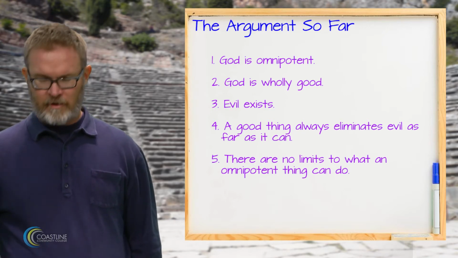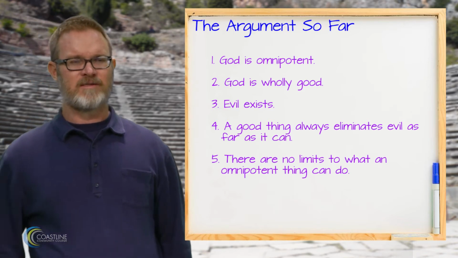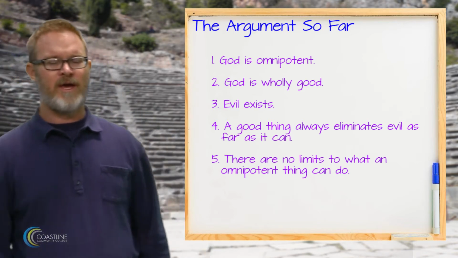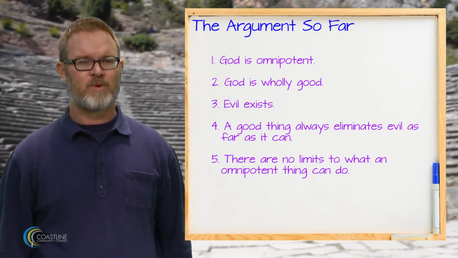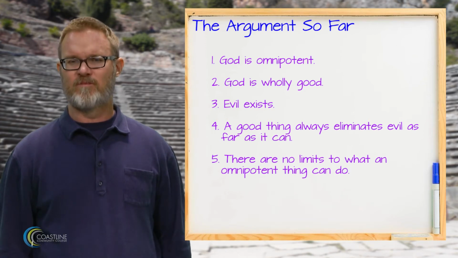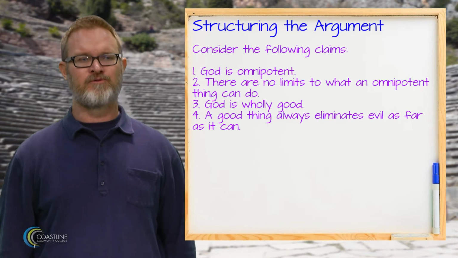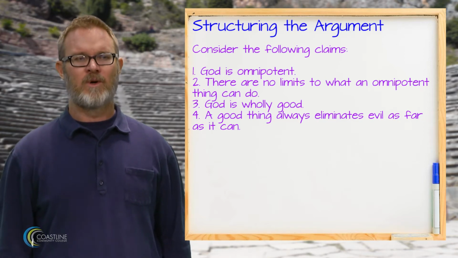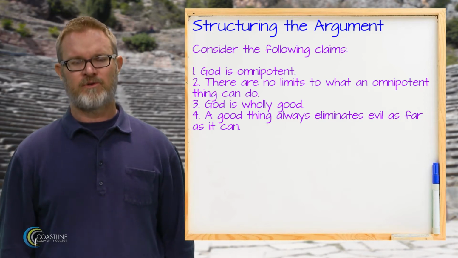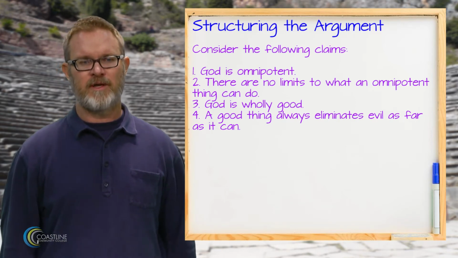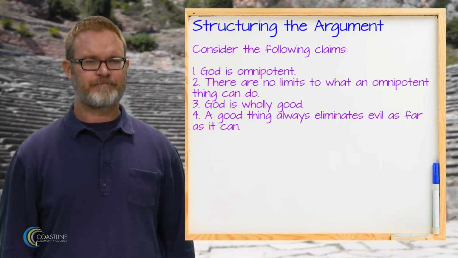Now, the interesting thing is that when you look at those claims, you see that really the argument is just about complete, right? Consider the following 4 claims. 1, God is omnipotent. 2, there are no limits to what an omnipotent thing can do. 3, God is wholly good. And 4, a wholly good thing always eliminates evil as far as it can.